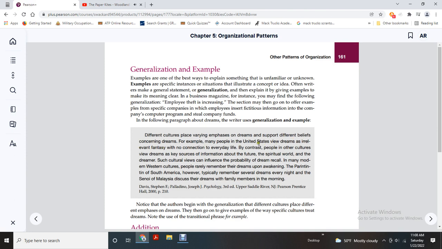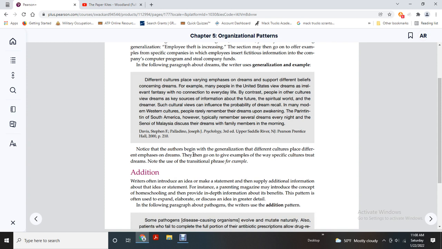By contrast, in other words, other people view dreams as a key source of information, the spiritual world and the dreams, and such views influence the probability of recall. In many modern Western societies, people rarely remember dreams, while some South American peoples typically remember several dreams every night and discuss the dreams with family members. So we have a generalization and a contrast in that paragraph, along with an example.